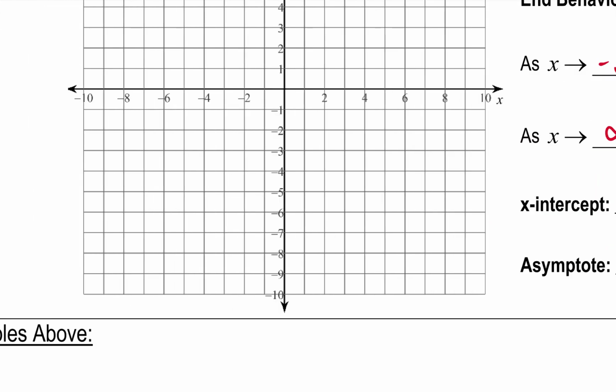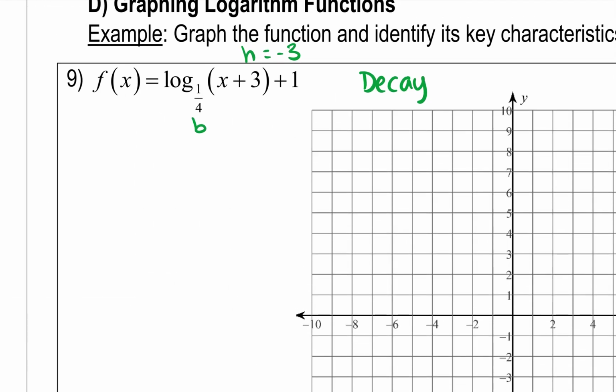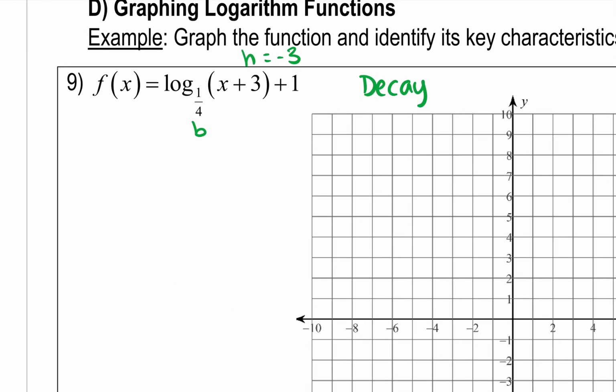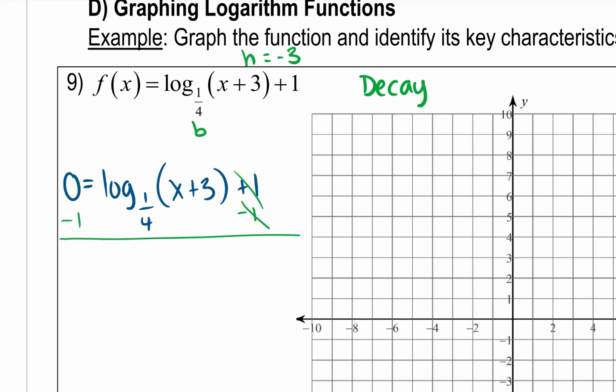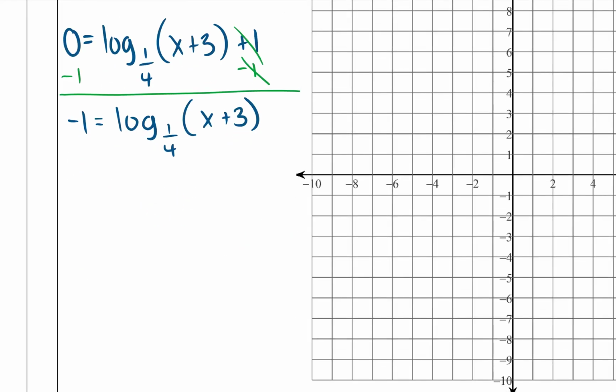Okay, so let's go find the x-intercept. Same thing we just did, replace f of x with 0, and then we can solve for x. So we got to get log by itself, subtract 1, okay, log is by itself. Now we can convert. So we have b, a, and x.